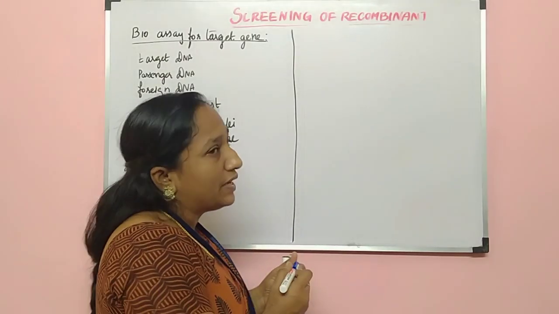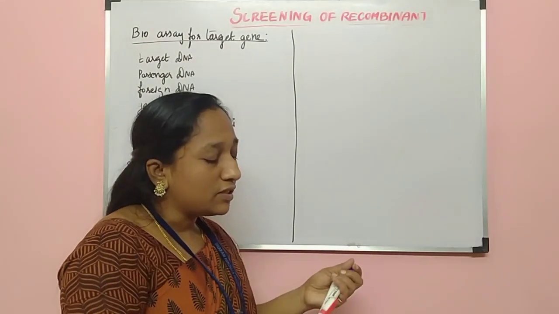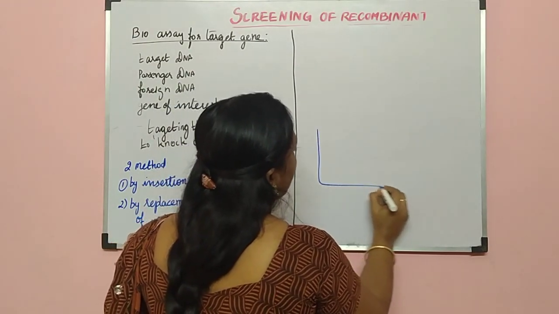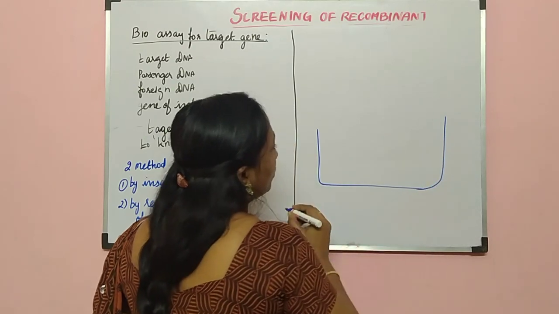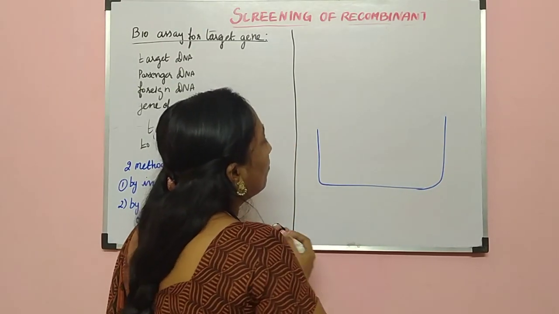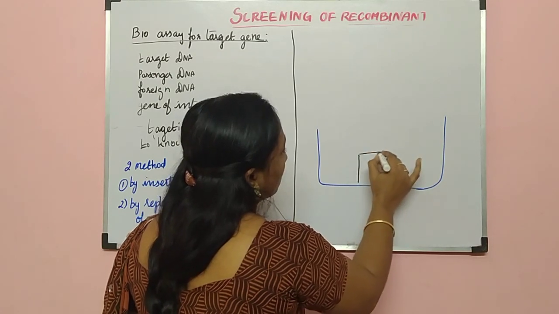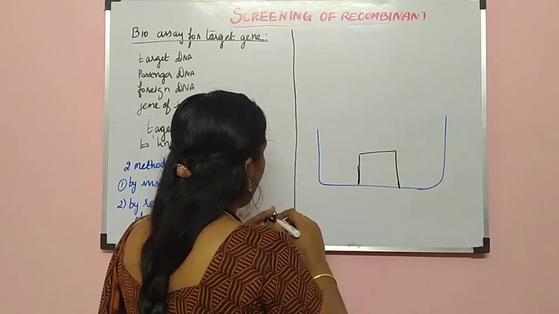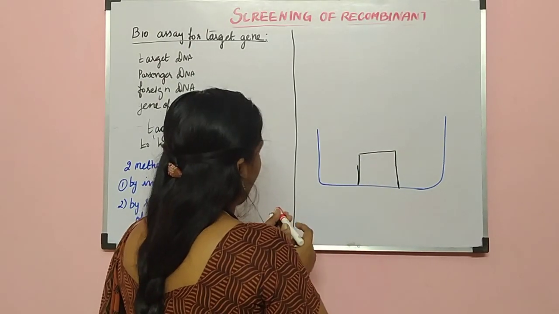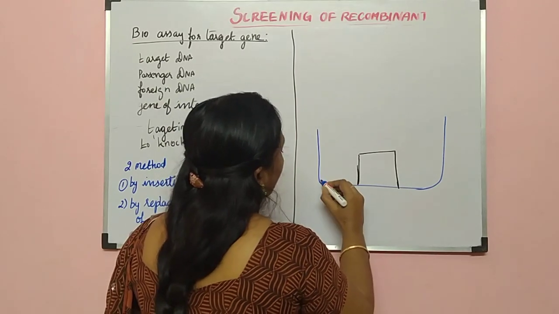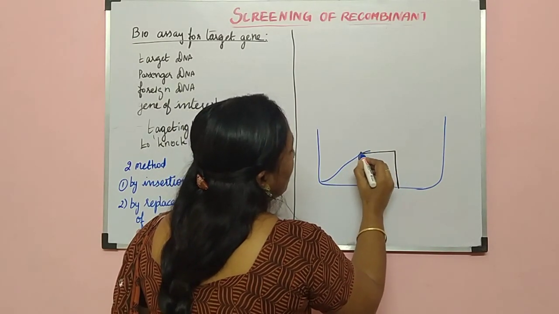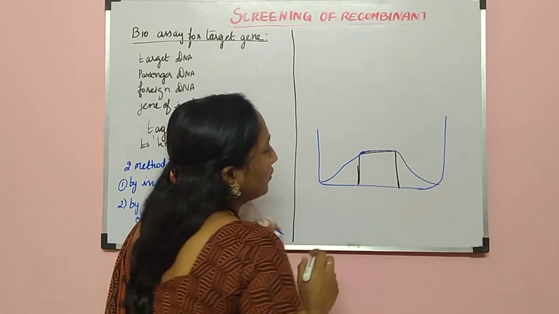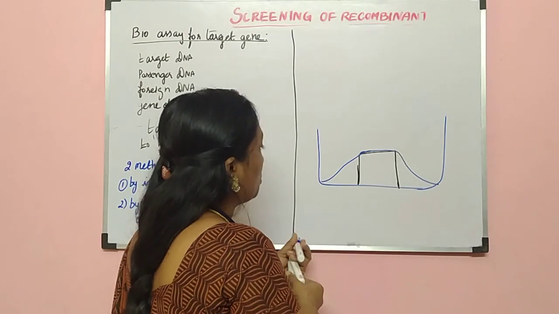Now the gel block we need. For this we need a glass container, and we need a glass block. Now we have to place a filter paper on the glass block, and we have to fill the buffer solution.